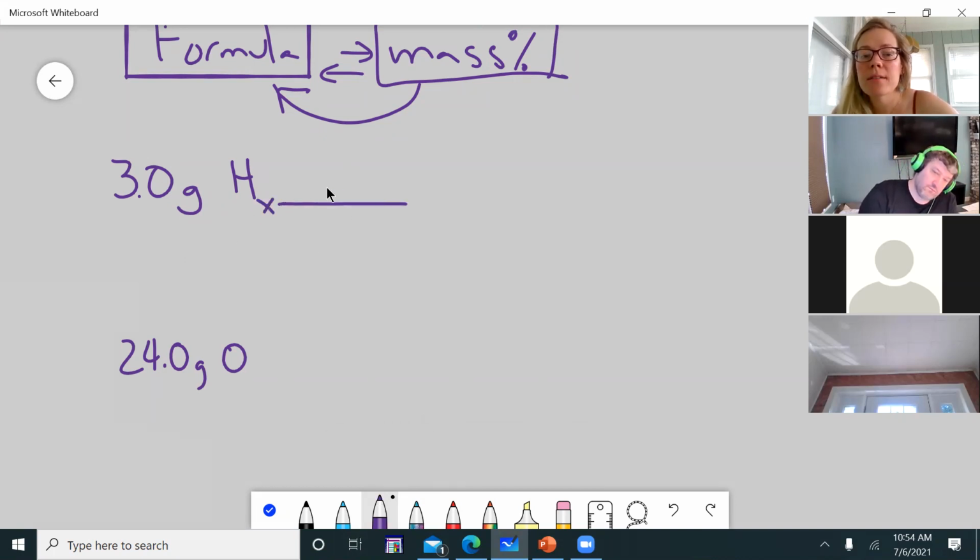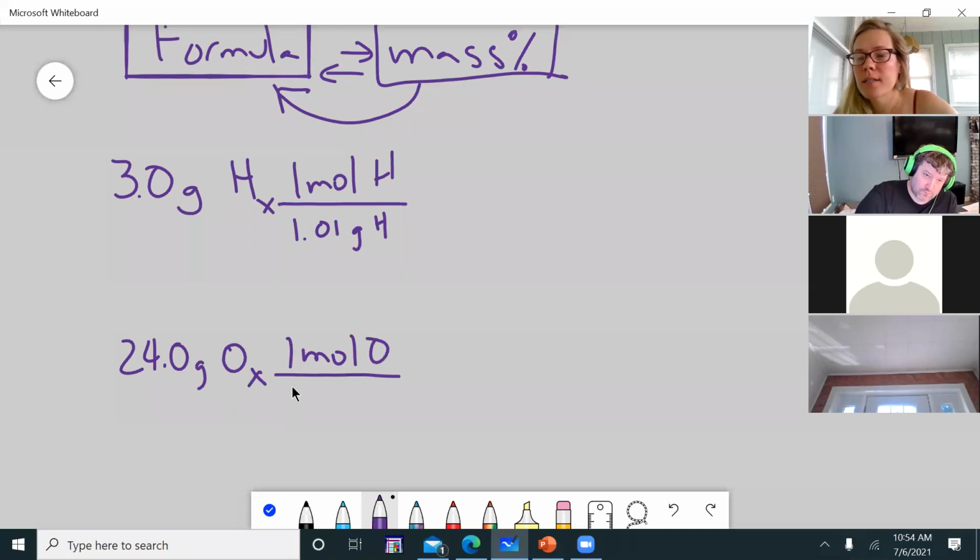So we use the molar mass, right? 1 mole of hydrogen always weighs about 1.01 grams of hydrogen. Oxygen, 1 mole of oxygen always is 16 grams of oxygen. We're just using the molar masses for each given element. So this one works out to approximately, this is going to be an approximate thing.